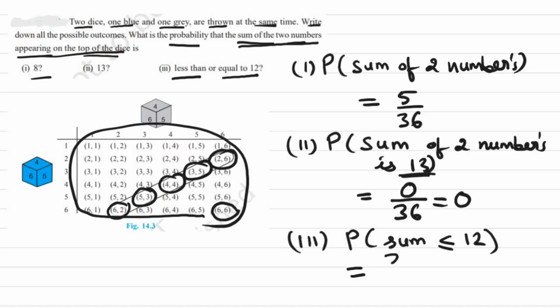So it is all 36 cases out of the total 36 outcomes, which is 1. That means when 2 dice are rolled once, the sum of the 2 numbers appearing on top of the dice will surely be 12 or less than 12.